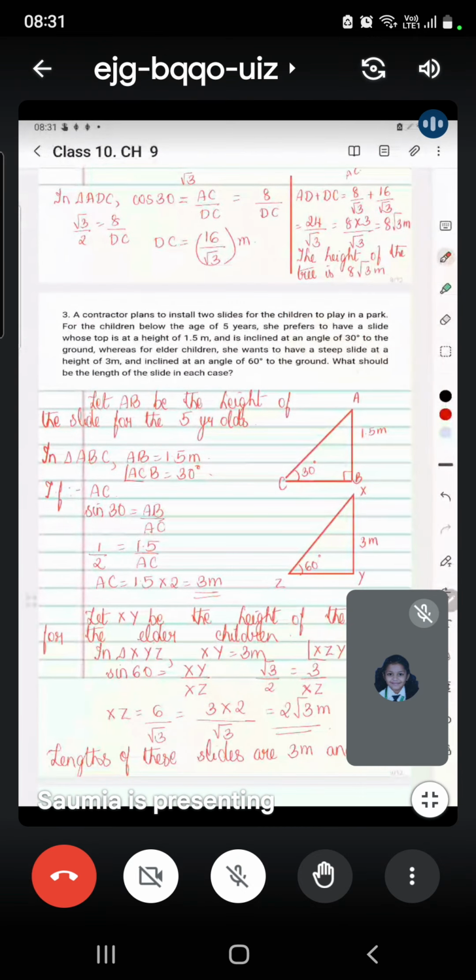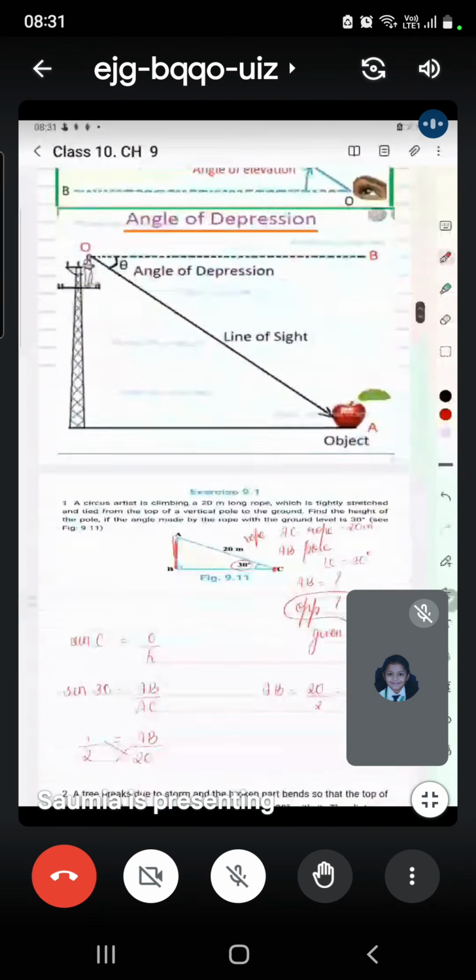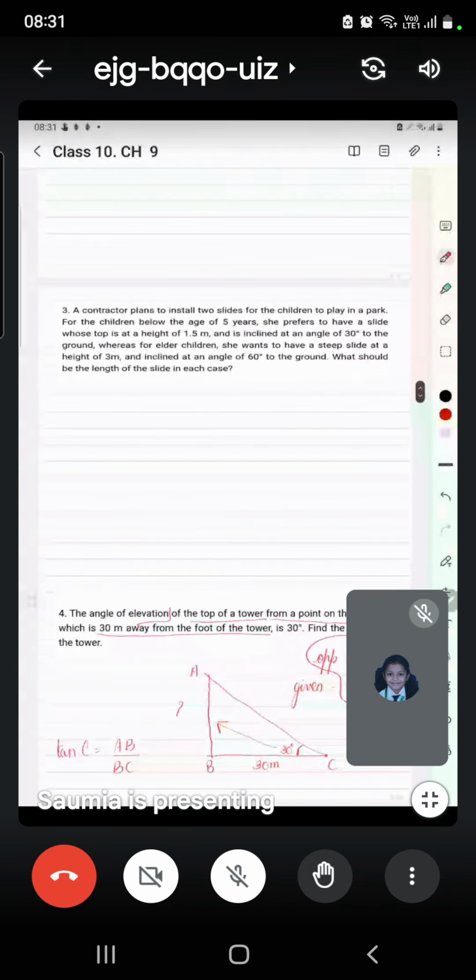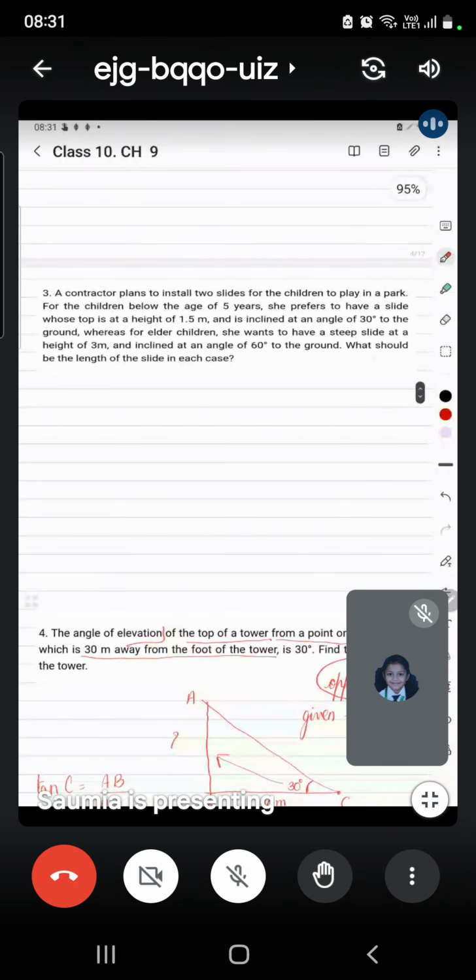Okay. So we'll go to the question that we missed. First, I will go to question number 3. Now, what does question number 3 tell us? A contractor plans to install 2 slides for the children to play in the park. Now, if you bring your slide to your mind, you can see that it also forms a right angle triangle, right? There's a pole and the slide.